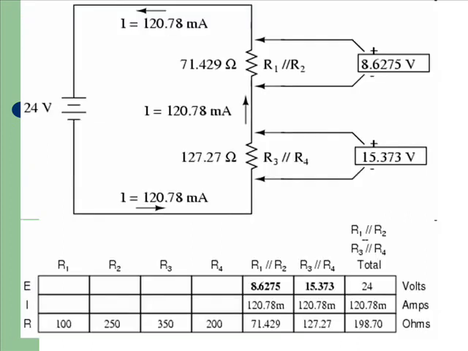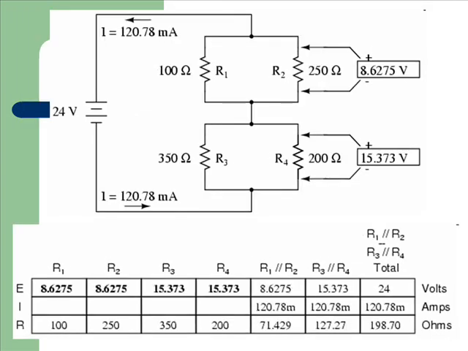Now, knowing the current through the equivalent resistors R1//R2 and R3//R4, we can apply Ohm's law to the two right vertical columns to find voltage drops across them.